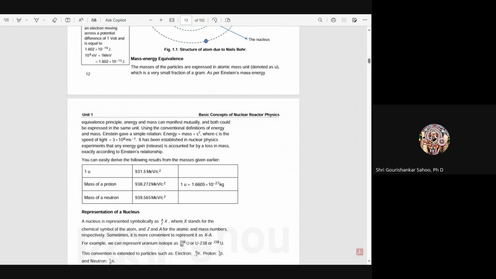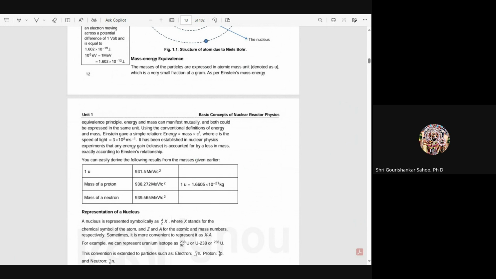So using the conventional definition of energy and mass, there is a relation: energy is equal to mass multiplied by c squared, where c is the speed of light, that is 3 × 10^8 meter per second. So the energy gain is accounted by the loss in mass in nuclear physics.